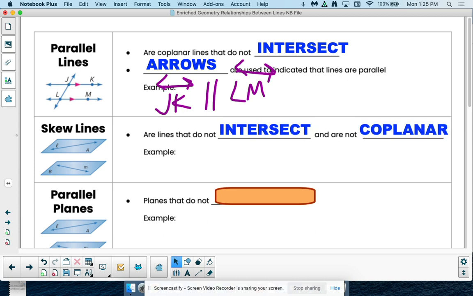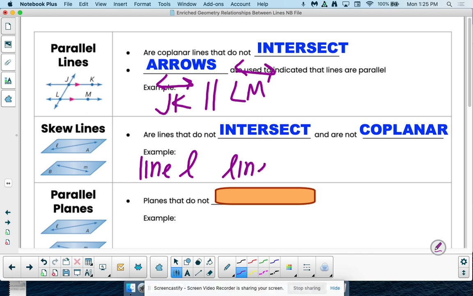They can't intersect, but they're not on the same plane. So in this example here, it'd be line L and line M. We don't have a fun symbol for skew. It's just skew. Those would be our two skew lines.